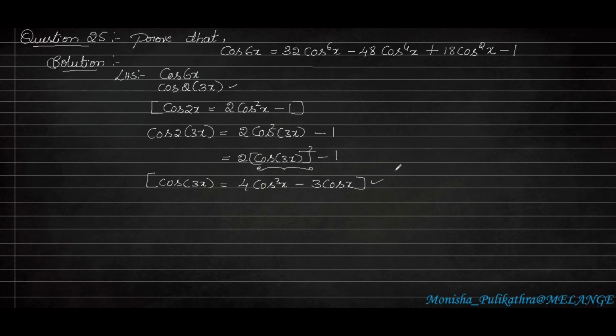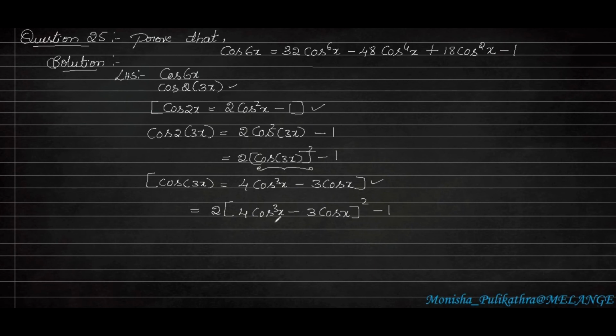First one is the cos 3x formula and the other is the cos 2x formula. So we need to apply the cos 3x formula to this step. So it will become 2 into 4 cos cube x minus 3 cos x whole square, and you have to include this minus 1 also.